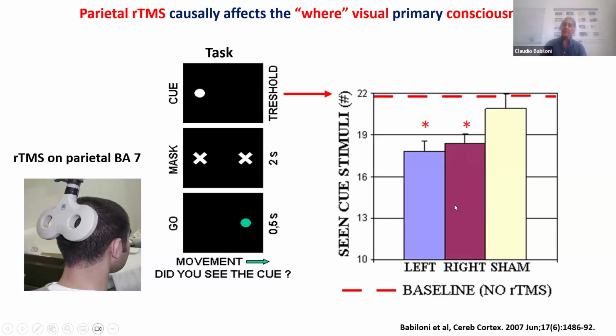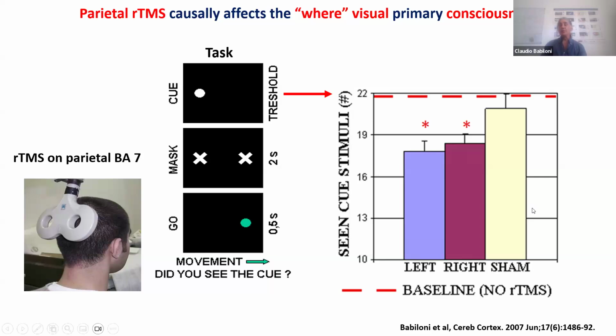But when you gave the left or right effective magnetic stimulation in the parietal cortex, in the Brodmann area 7, we could see a small but significant reduction of the seeing Q stimulus detected consciously, visual primary consciousness.